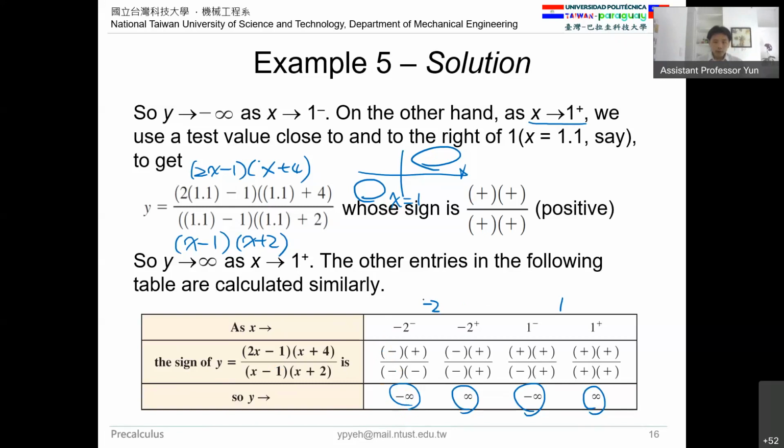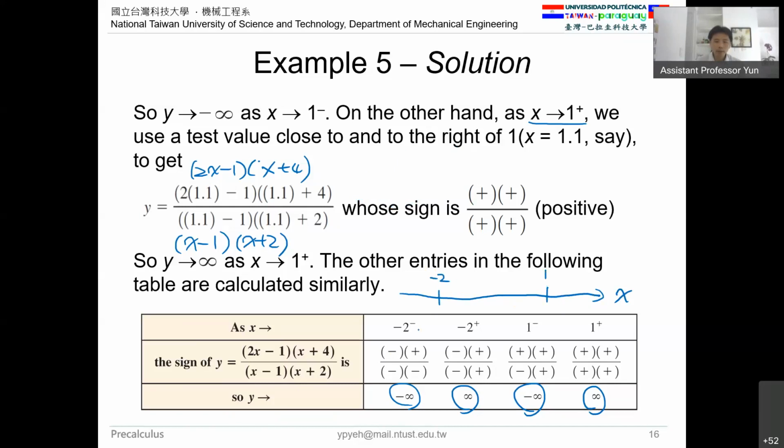So you can see in these regions, this will be the function x, and we have the end behavior, with the asymptote at -2 and the asymptote at 1 here.